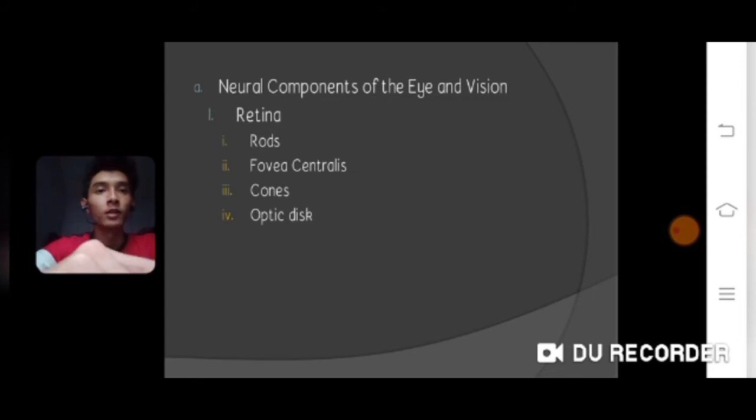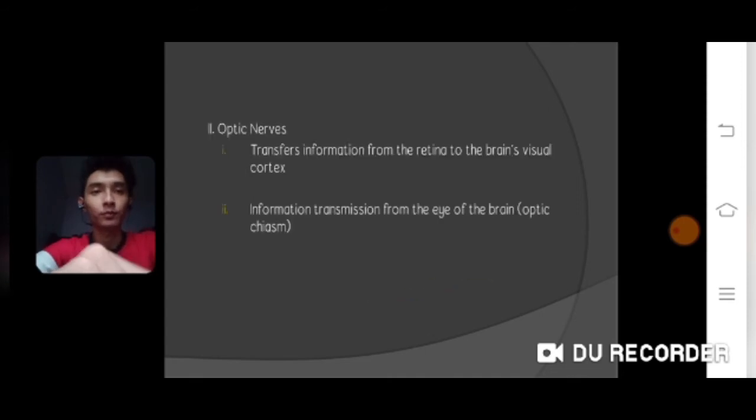Then the neural components of the eye and vision include the retina, which includes rods, fovea centralis, cones, and optic disc. The optic nerve's function is to transfer information from the retina to the brain's visual cortex, and the information transmission from the eye to the brain goes through the optic chiasm.